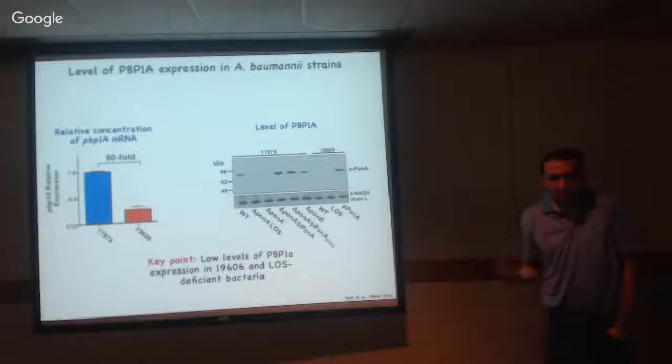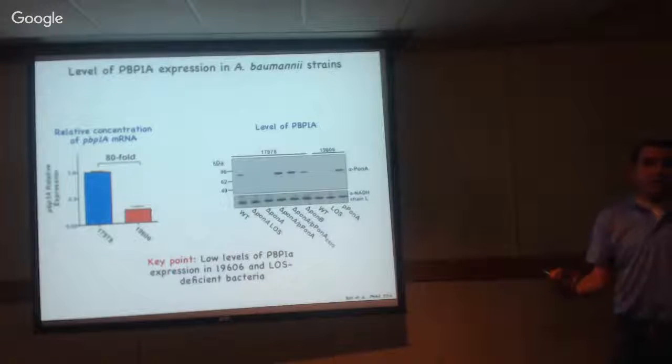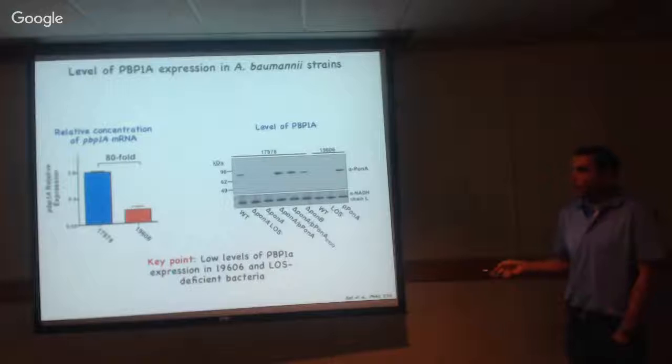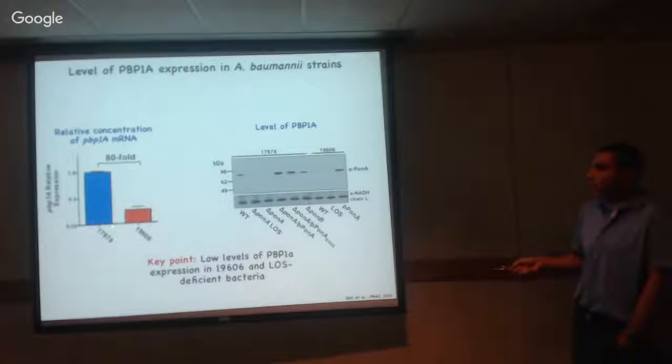So how does PBP1A fit into all this? I've told you about two Acinetobacter strains so far. 17978, in which we cannot isolate LOS-deficient cells without knocking out this PBP1A protein, and 19606, in which, when we apply colistin, we get lots of LOS-deficient mutants. So we looked at the mRNA concentration of PBP1A in these two wild-type cells. 17978 produces a lot more of this PBP1A transcript, about 80-fold more than the 19606 strain.